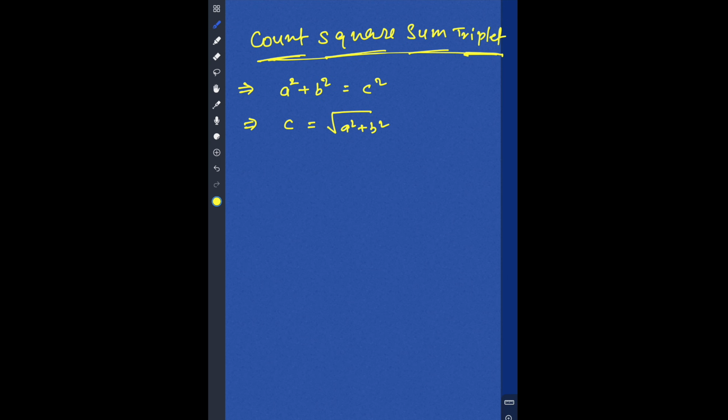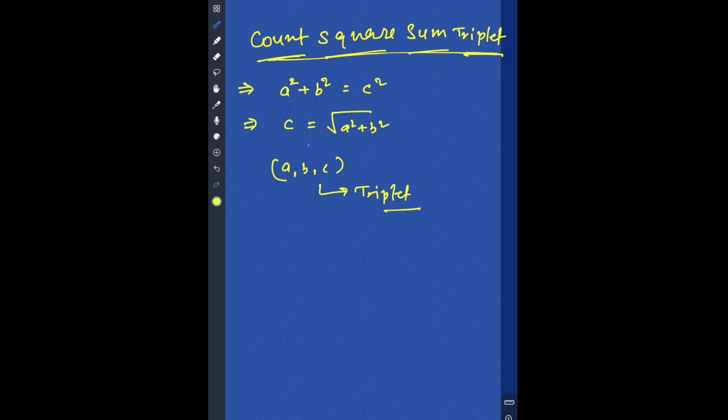So very first, we will try to understand what triplets are. Triplets means if we have a, b and c, this is called nothing but a triplet. I hope you understand this. So a square plus b square is a perfect square if it is equal to c square.